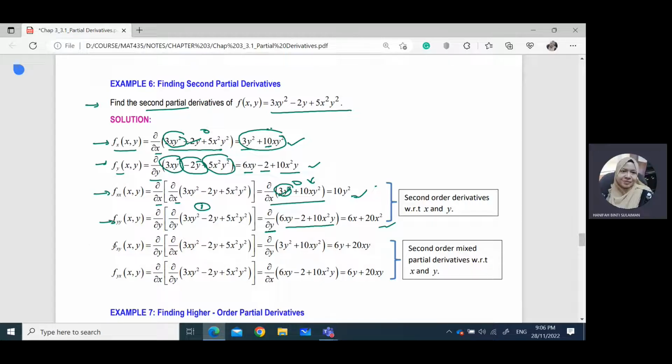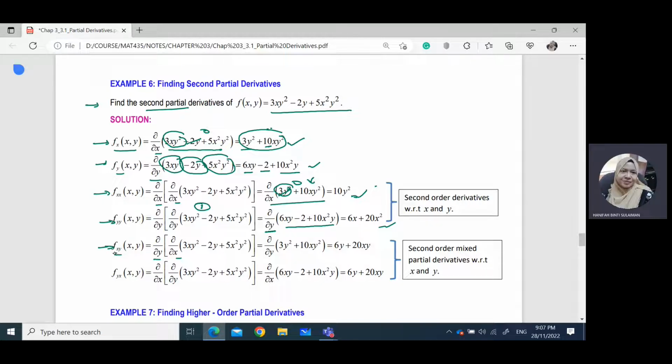Okay. And then next, this one is about mixed partial derivative. Okay, so second order, the partial derivative with respect to x and y. So it is about a partial derivative with respect to y on the first order, which is partial derivative with respect to x. Okay, so nak tengok order dia yang first ni. Bila yang first ni maksudnya dia yang dululah, which is derivative with respect to x.